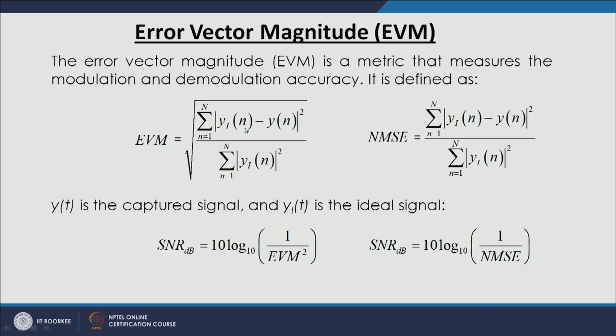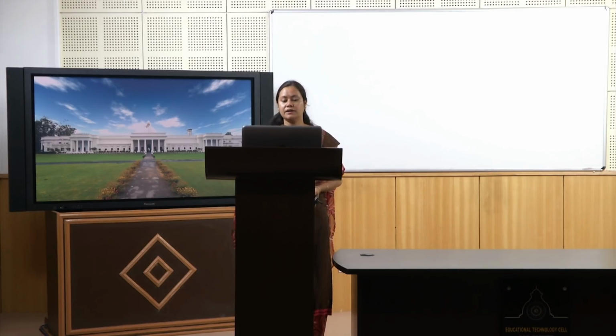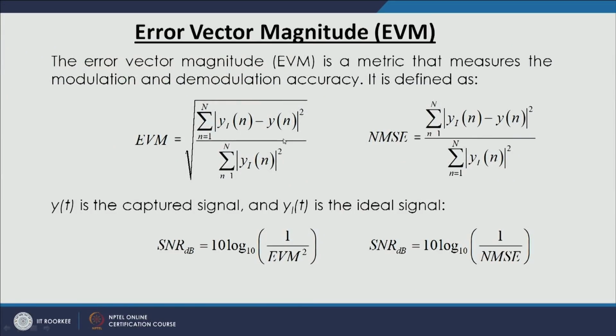Y in is the original symbol which we transmitted, and Y n is the symbol which we actually finally received. So, we take the error between these two symbols and take the absolute of that, and then we square it, sum all the data which we have, and then we take the root of its normalized value.